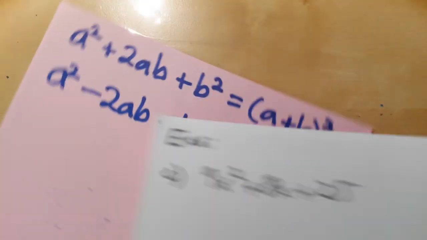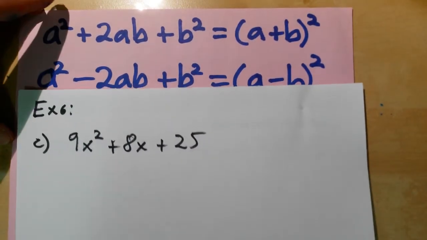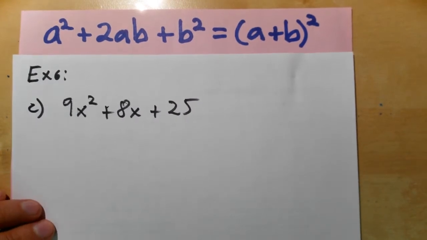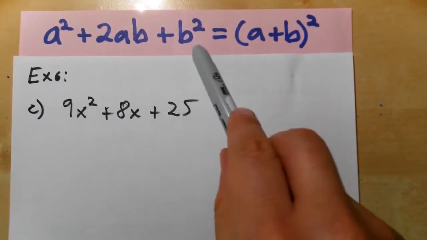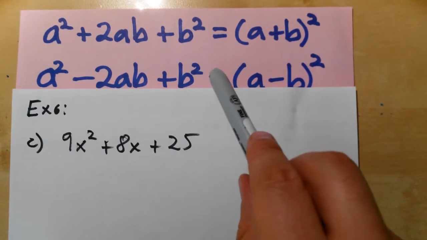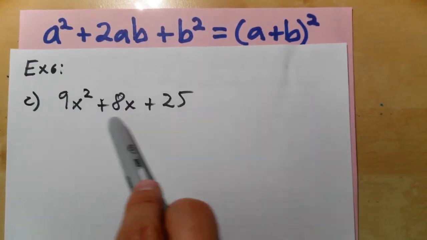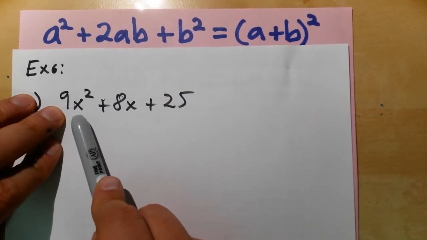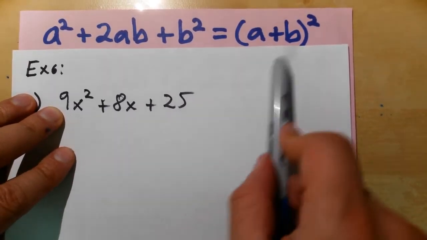Since we're talking about perfect squares, we're following that pattern, if it is a perfect square trinomial. And we want to follow this pattern, not the second one. Why? Because there's a plus there and a plus there, right? So far our a value is 3x and our b value would be 5.